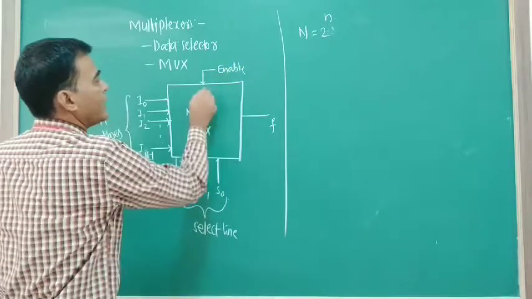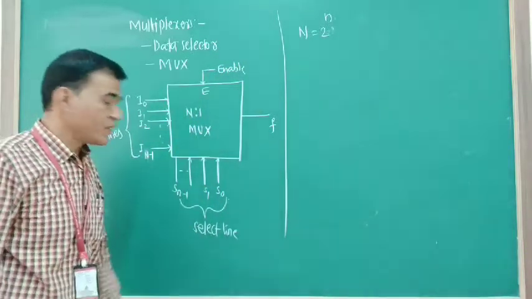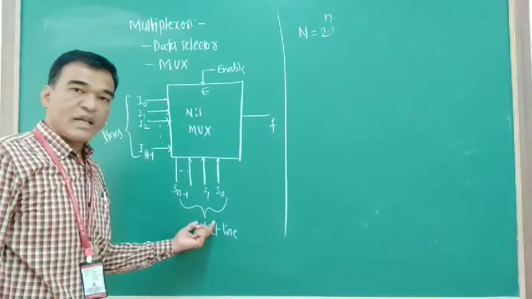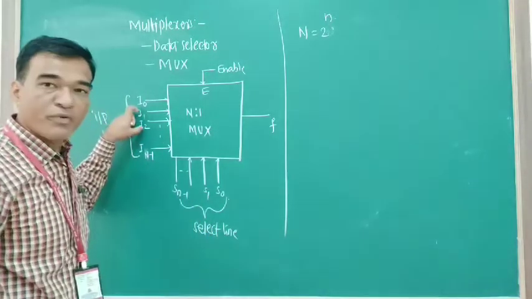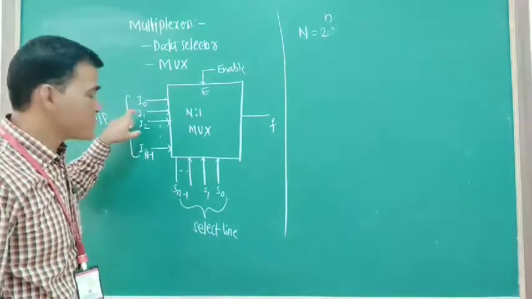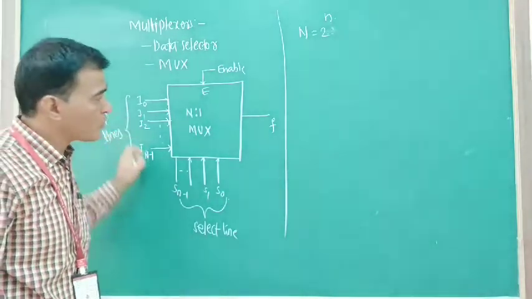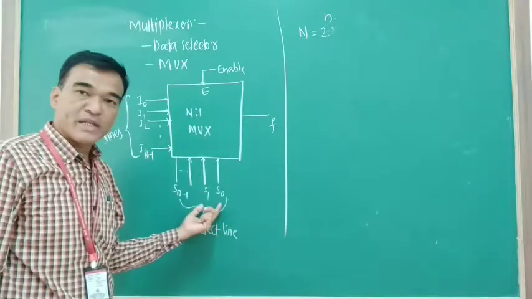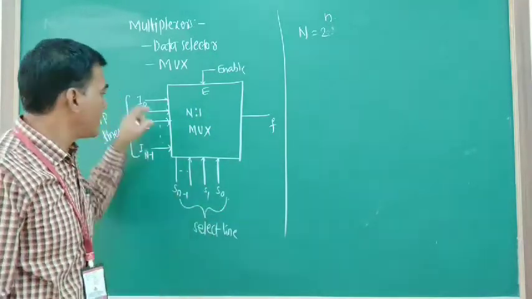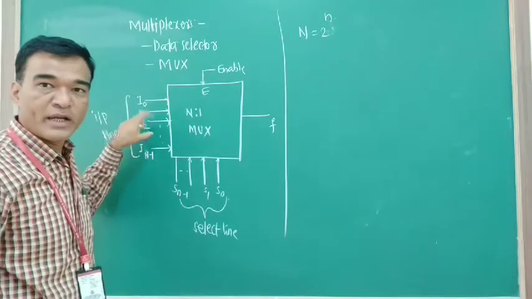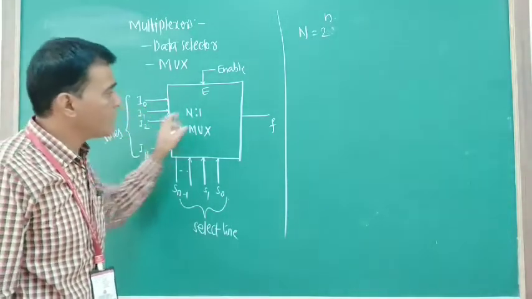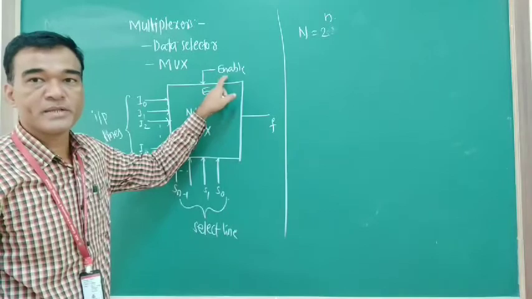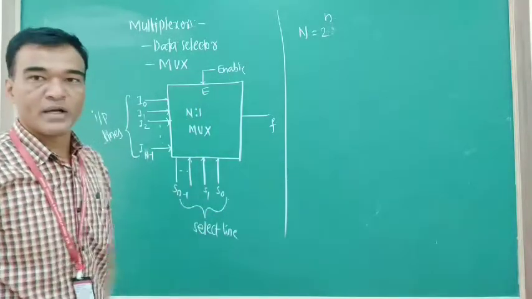This pin is the enable, E. In a multiplexer, by using the select lines, I can choose any one input line. The data present on that selected input line will be routed to the output line when enable is active, that is, when enable is high. This is a multiplexer.